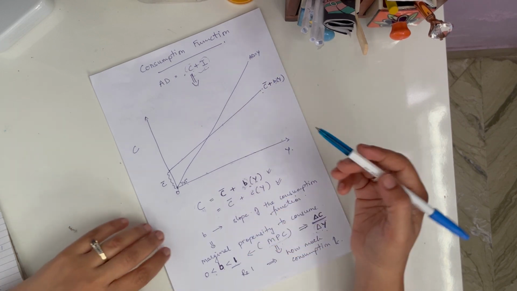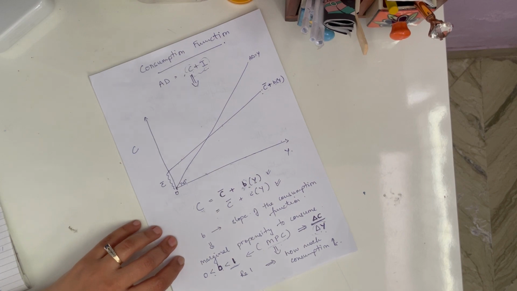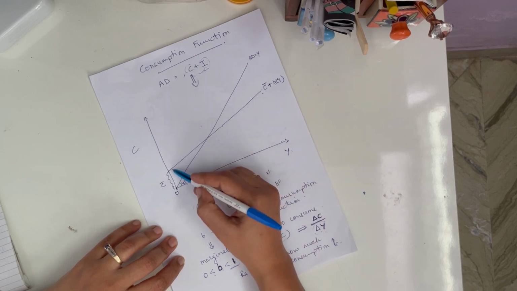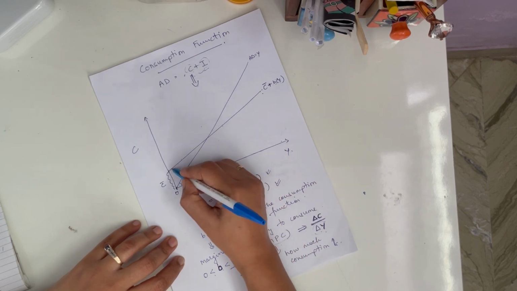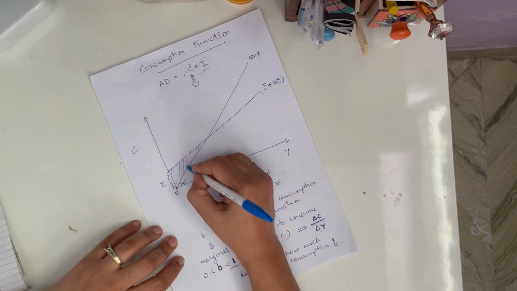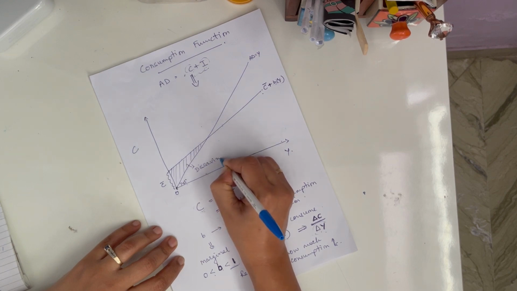All right. Now in this diagram, one more thing I can draw is that this level of consumption, when my income is 0, is financed by my savings. So this is the amount I am basically saving.